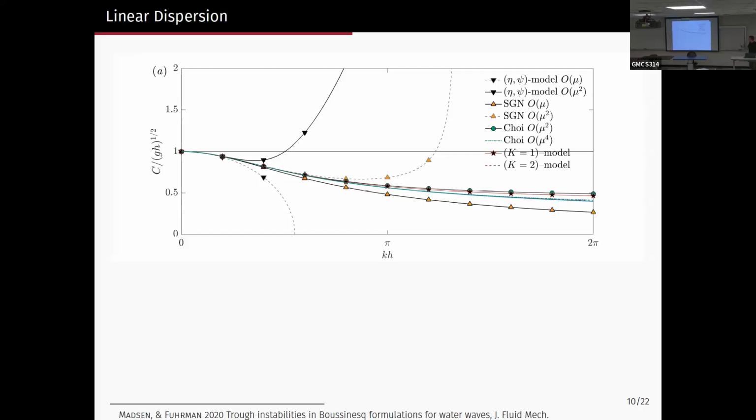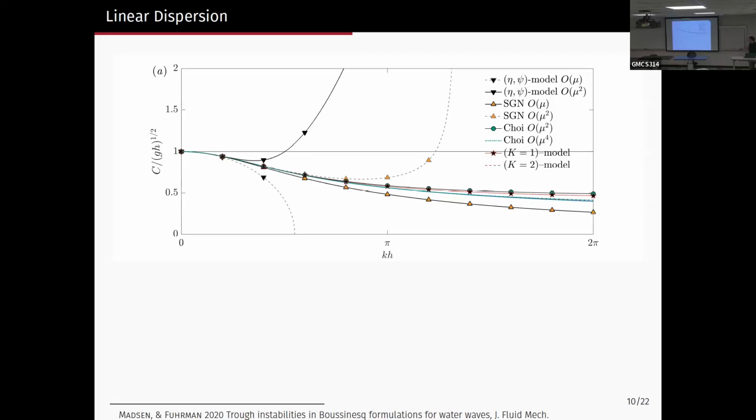But what's the thing here? Here is also what happens linearly. Then you have to solve the full nonlinear problem to see how good it is. And one way to see how good it is is by using exact solutions of the initial problem or by experiments.